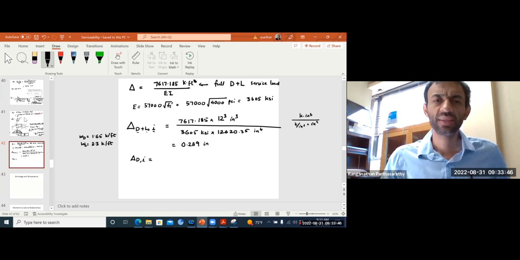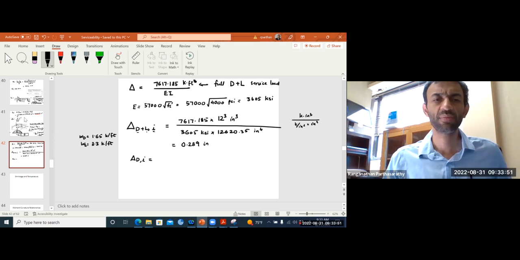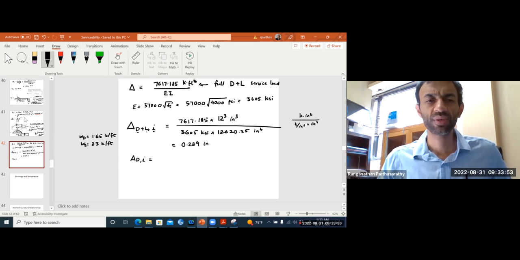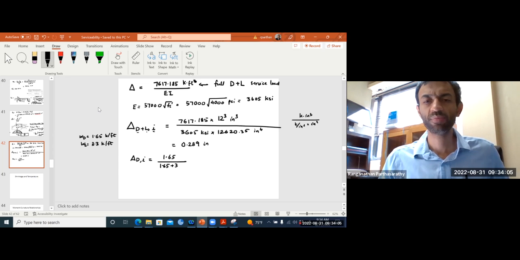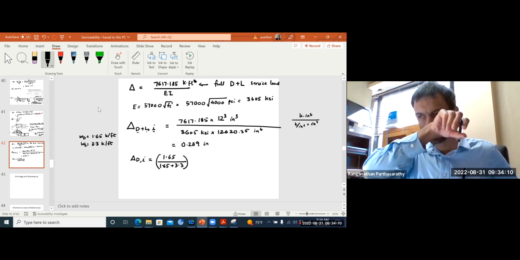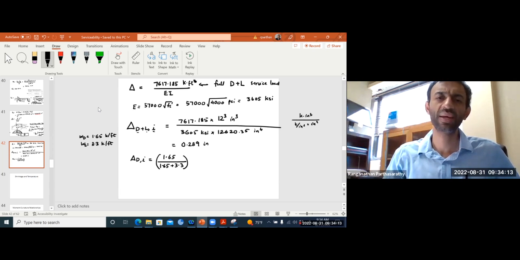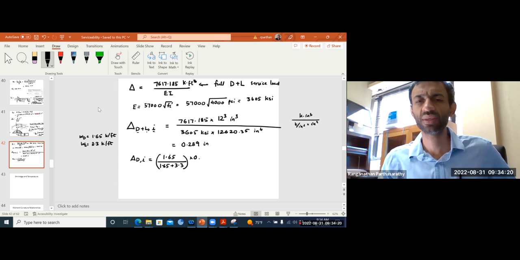Since everything is linearly proportional, we can just scale it up. So this is for total dead plus live. So only for dead, we would get 1.65 over the total, 1.65 plus 3.3. Remember, we are able to do this only because of the assumption we made that everything has been cracked to the max beforehand. If it's not moving along the straight line, we cannot do this kind of proportional analysis.